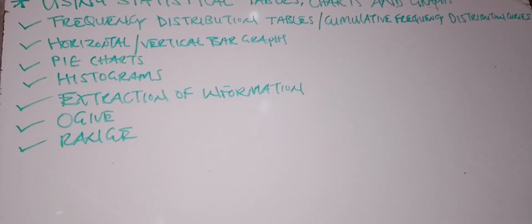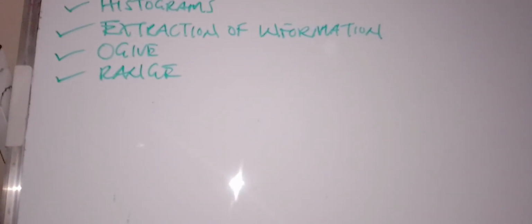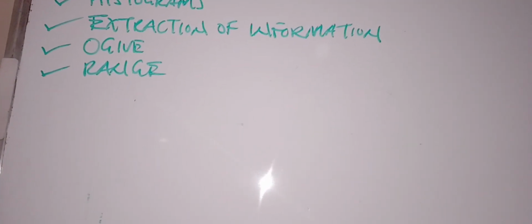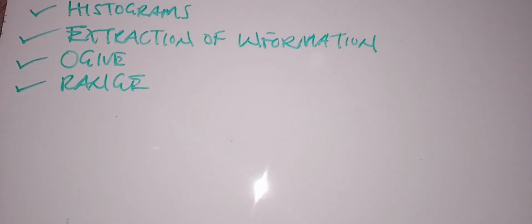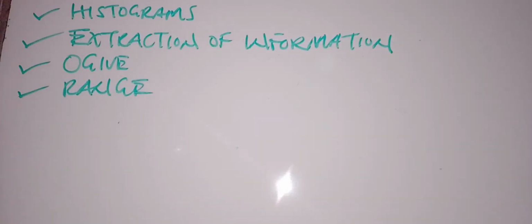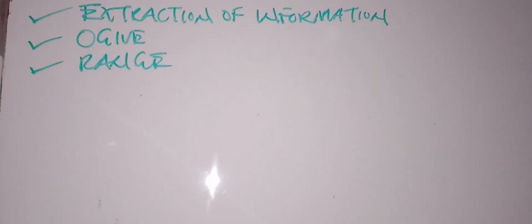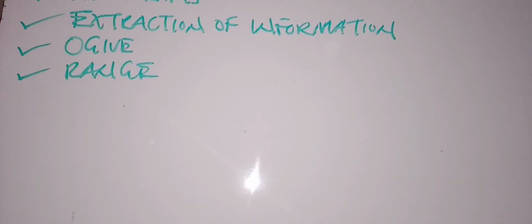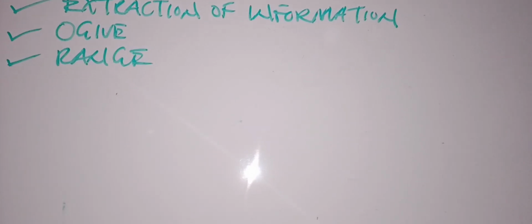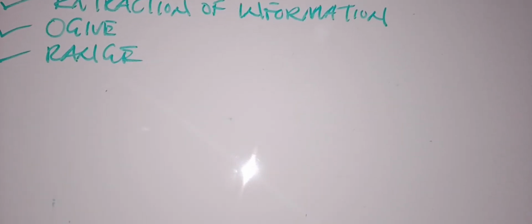So let's see about the cumulative frequency. The cumulative frequency is a running total of frequencies for a data set, representing the number of observations less than or equal to a given value, often visualized with a cumulative frequency graph. The frequency in statistics is a way to organize and summarize data by showing the count of each possible value or range of values within a data set.